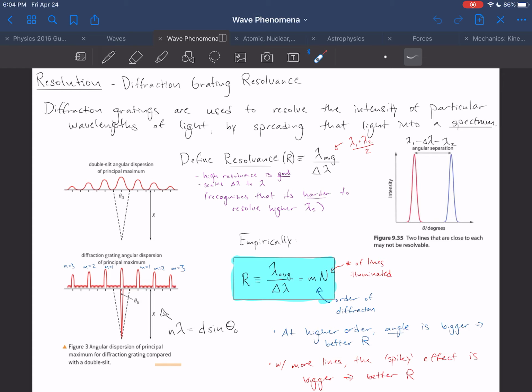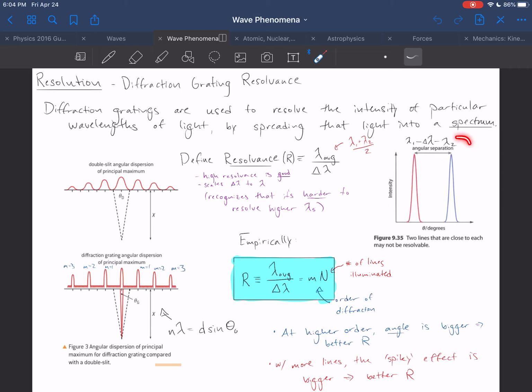And if you're doing that, you want to be sure that you can measure the difference between different wavelengths. So for example, in this little graph over here, imagine that your source of light only had red light and blue light in it. Well, you would want to make sure that when you sent it through the diffraction grating, the angular separation that the diffraction grating guarantees you is enough to tell the difference between the red light and the blue light.